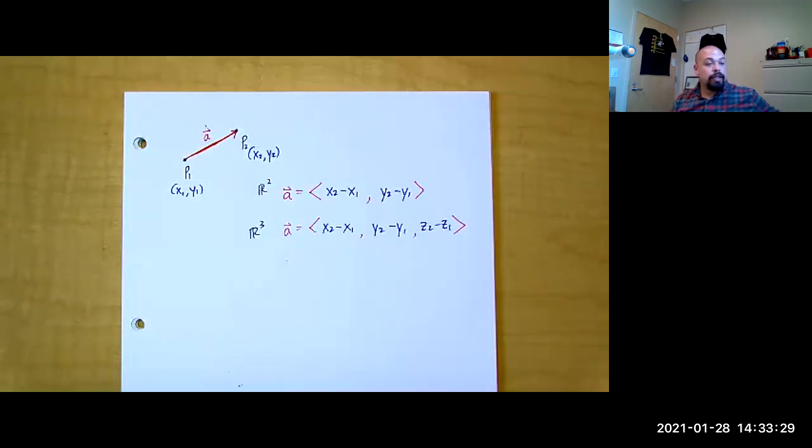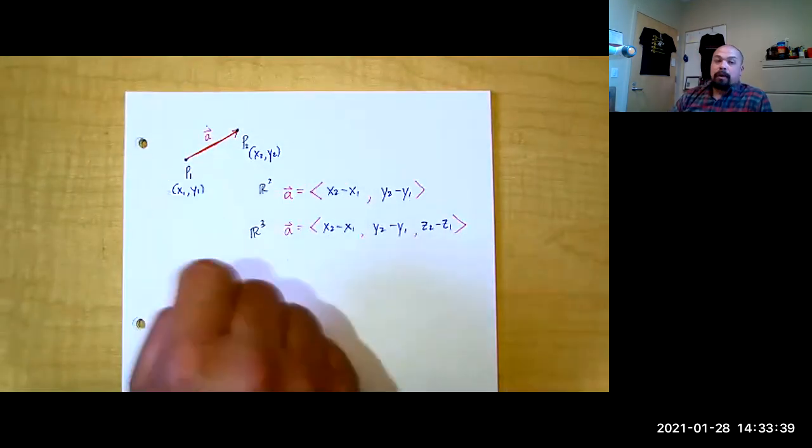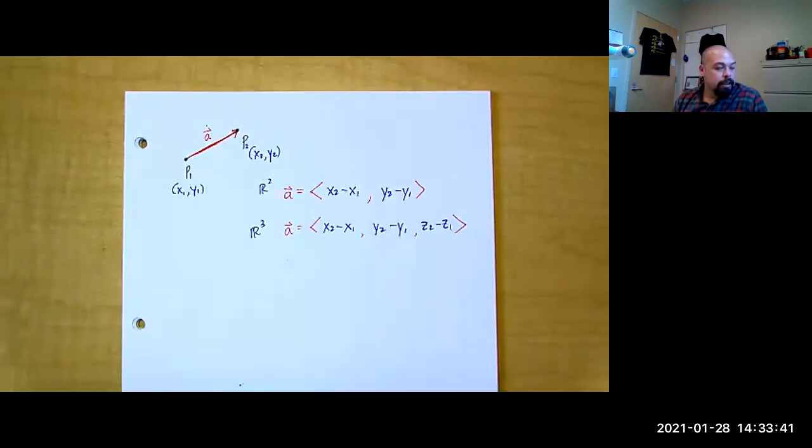Okay? And so we can start to use that when we see vectors in coordinate systems, whether we're starting at the origin or some other point, we can look at this representation. Okay?